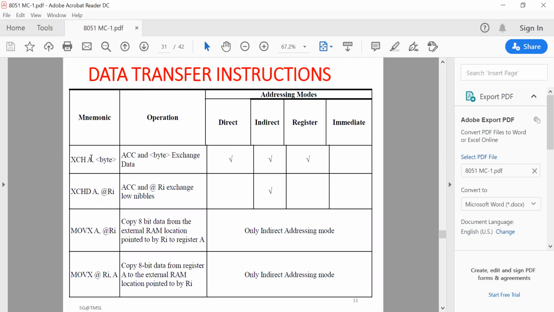Next, there is exchange of data bytes between the accumulator and any byte, and exchange of lower nibbles is also possible with the accumulator.